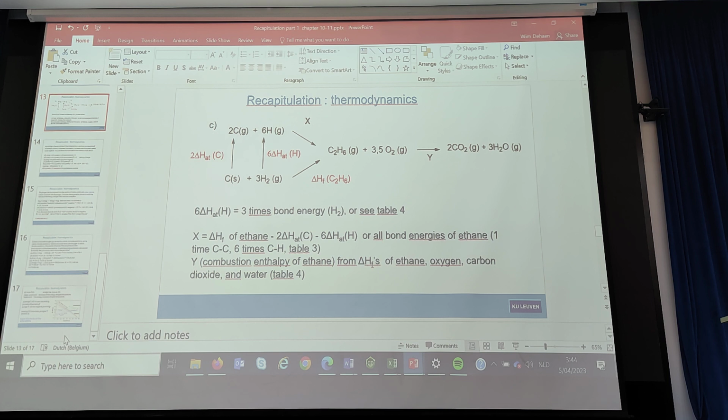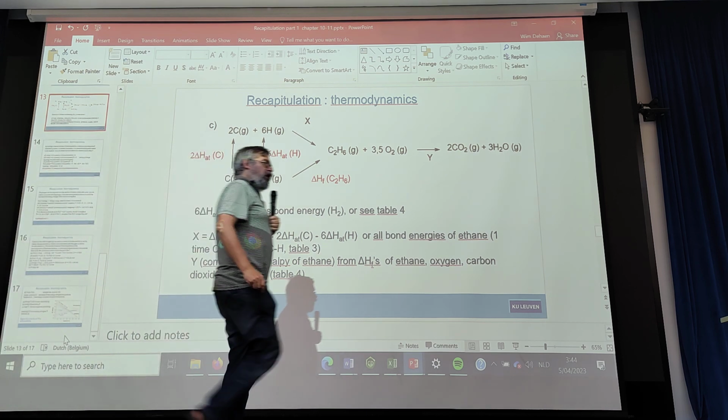So that means we now make in total 7 bonds. 6 times CH, and 1 is carbon-carbon. These energies will be released when we combine the 2 carbons and the 6 hydrogens in the atom state.